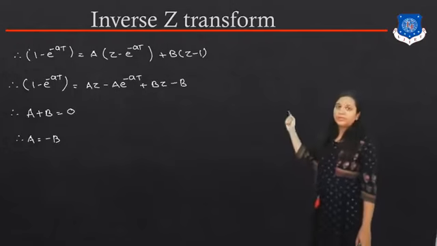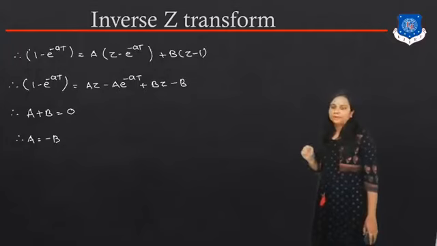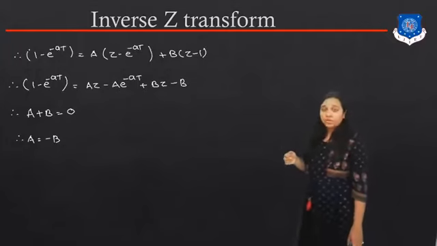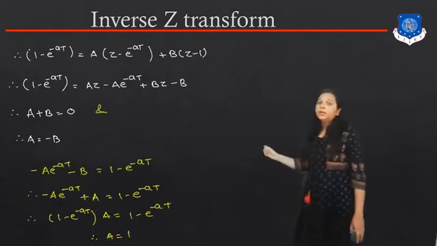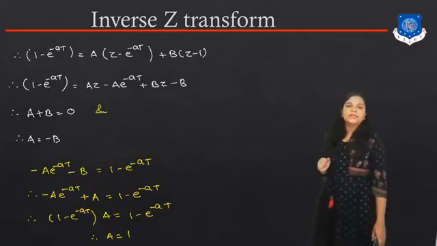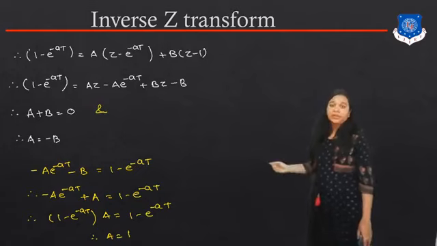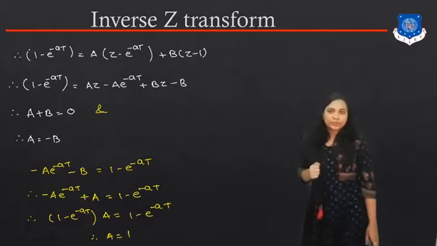So A plus B is equal to 0, and so A is equal to minus B. Now the next step is to equate the constant term, and the constant term is minus A e raised to minus aT minus B that is equal to 1 minus e raised to minus aT. So we take A common, and we get minus A e raised to minus aT plus A that is equal to 1 minus e raised to minus aT.